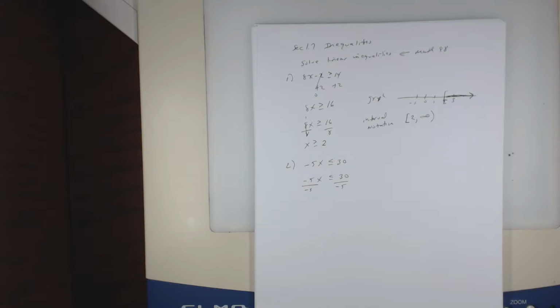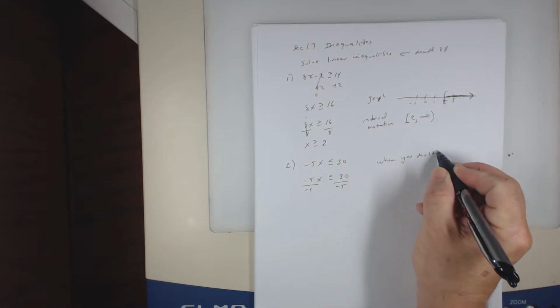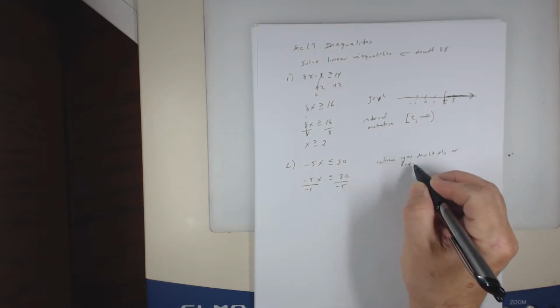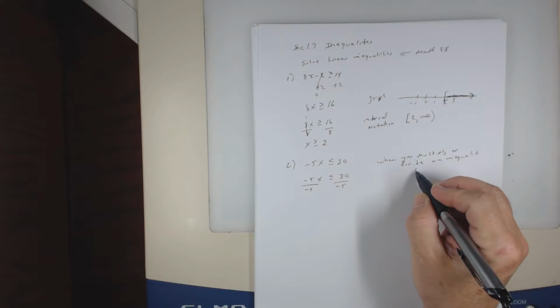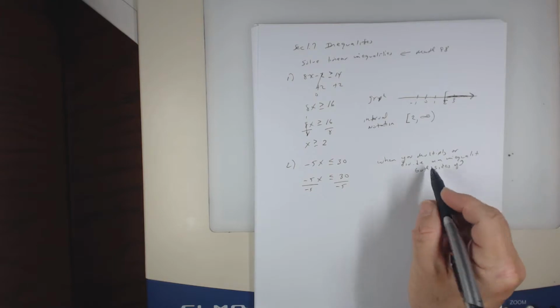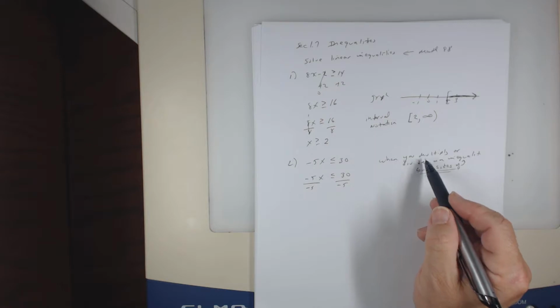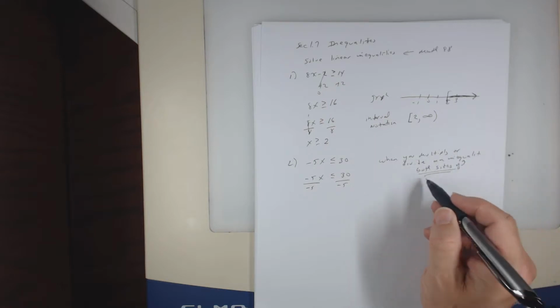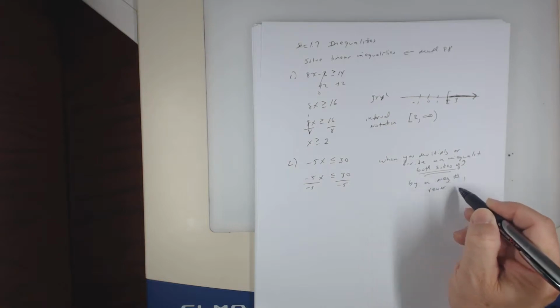All right. Anybody say something different? Yes, very good. So you got to remember, when you multiply or divide both sides of an inequality by a negative number, you must reverse the inequality symbol.